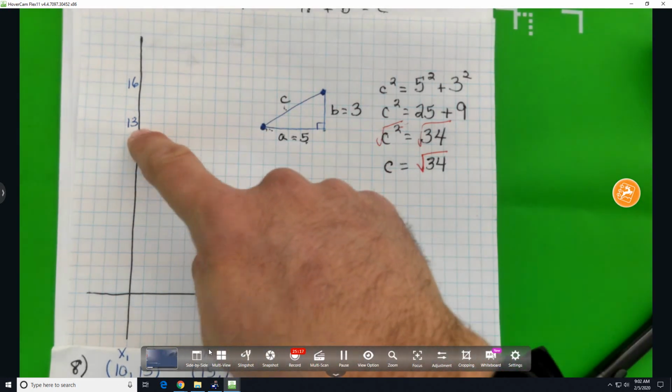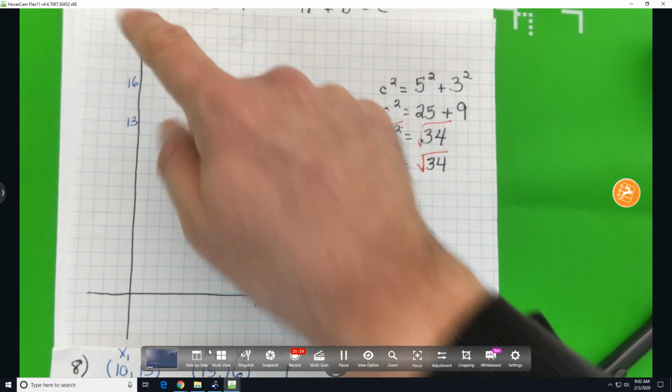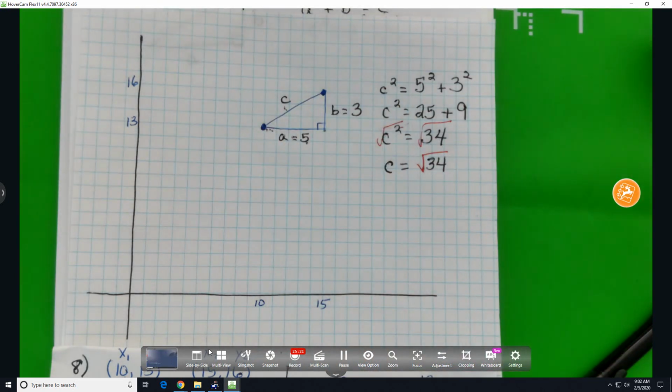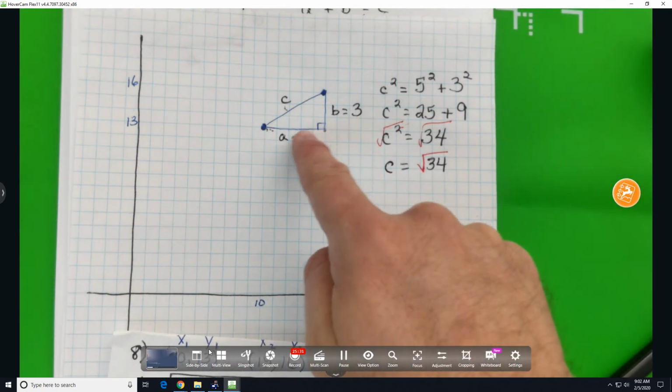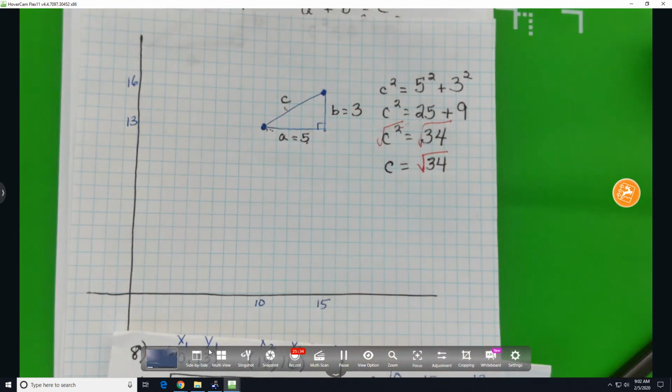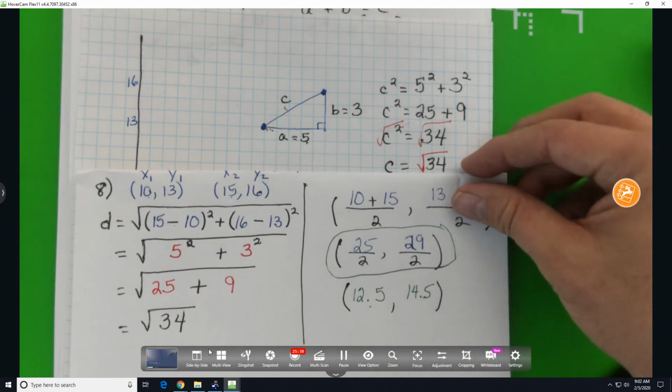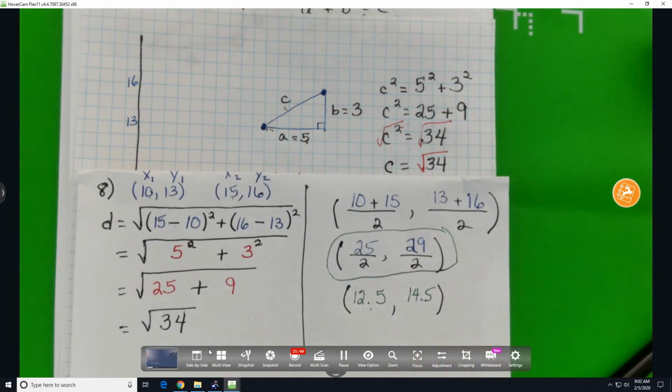Imagine if it had been 13 and 160. You'd count out 160 tallies and then calculate it. That's what the distance formula is doing, just saving you the hassle of having to count what this length is and what that length is. Any questions over that for why the distance formula works?